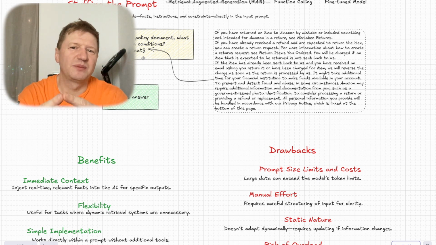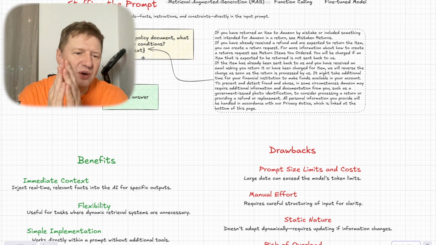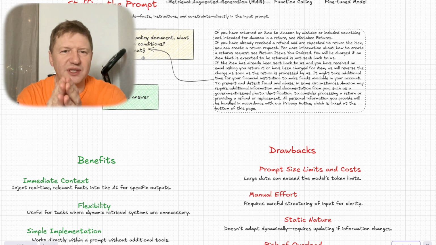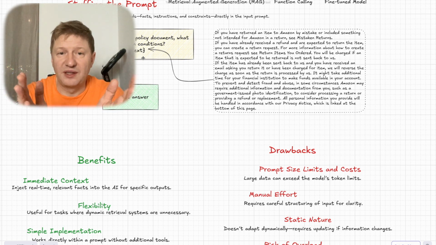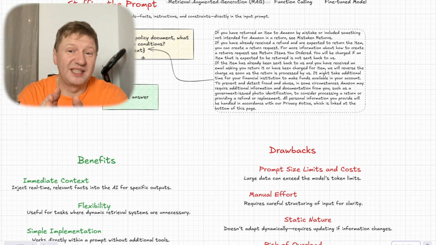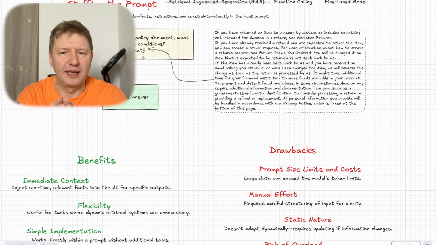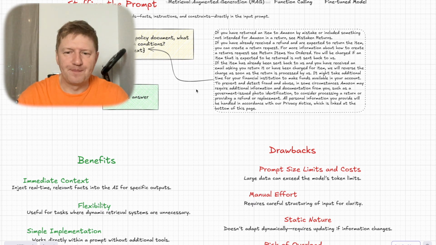For example, it's not possible to put all your hard disk drive data into the prompt. It just does not fit. So this is the first thing. And costs, because since you are sending a lot of tokens all the time, you have to pay for that, and this is a really pricey thing. So this is a really big drawback.